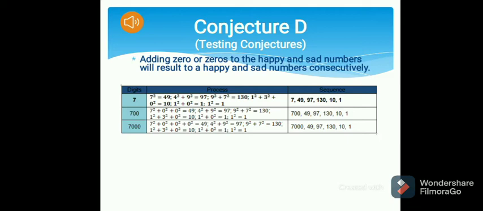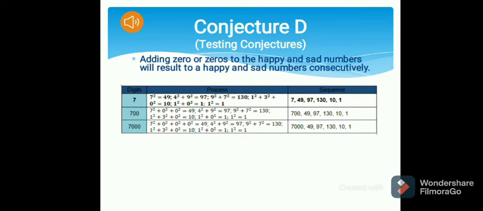And then if we extend it again, we add another 0 for 7,000. We can see that the result is still a happy number. So no matter how many zeros we add to the happy numbers, the result will always be 1, and that number will always be a happy number.